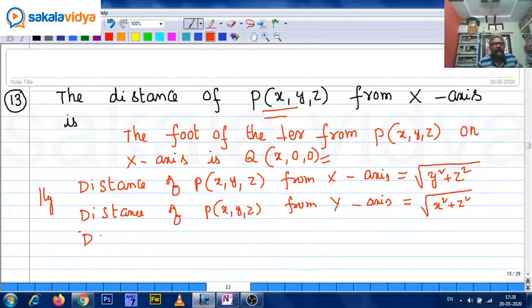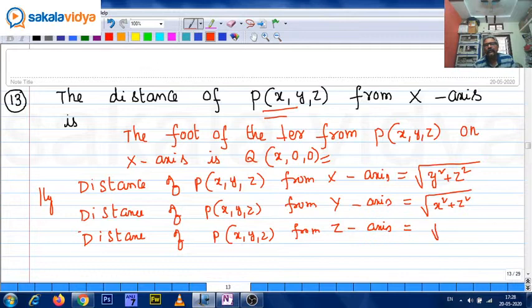And the distance of P(x, y, z) from the z-axis: z is out, so you get root of x square plus y square. Understood now? So this we can remember.